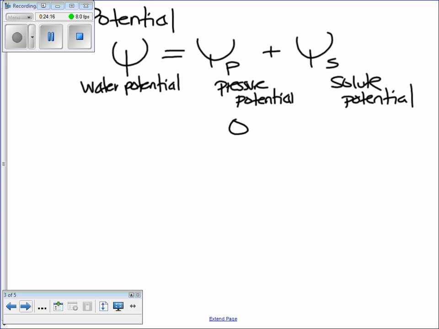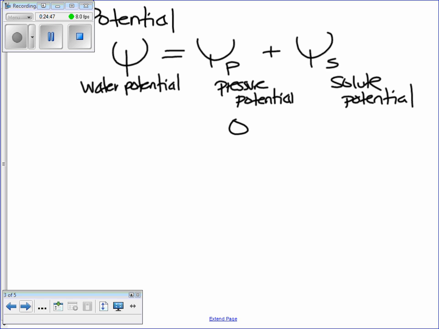So most of the cases we're going to be working with, it is 0. Only when it's a closed system or you have something that can create pressure do you have to worry about that variable. Plant cells, we have to worry about pressure because plant cells have what? Cell walls, which create resistance to the expansion and shrinking of the membrane. Animal cells, typically we're not dealing with a lot of pressure potential because there's no resistance to the membrane expanding and relaxing.